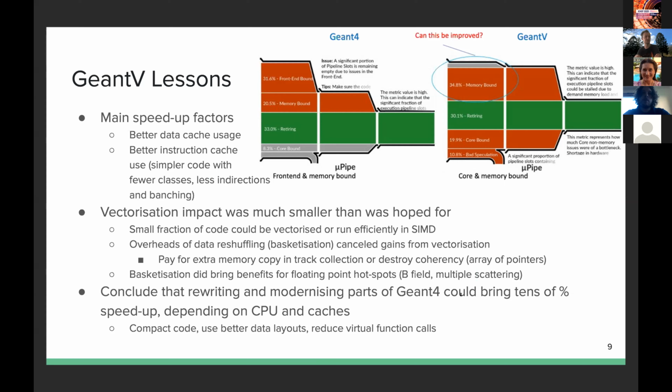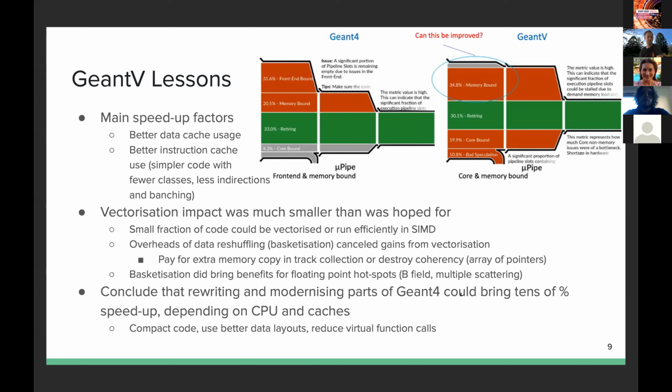because it was very dependent on how that CPU delivered the cache infrastructure. Now, what was a disappointment in Géant V was that the vectorization impact was much smaller than what was hoped for. Only a small fraction of the code could really be vectorized or run efficiently in SIMD.